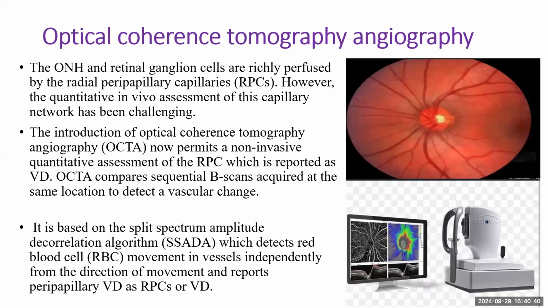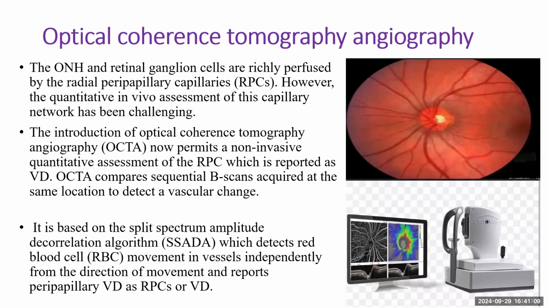So now this is the OCT angiography of the disc. Like I mentioned earlier, the optic nerve head is supplied by the RPCs. The OCTA is able to look at these capillaries, quantify them, give us counts, and also give us a qualitative scan of defects on the optic nerve head.